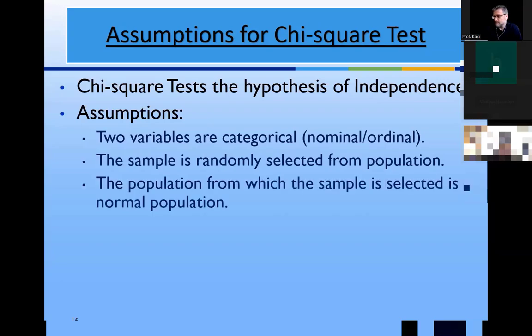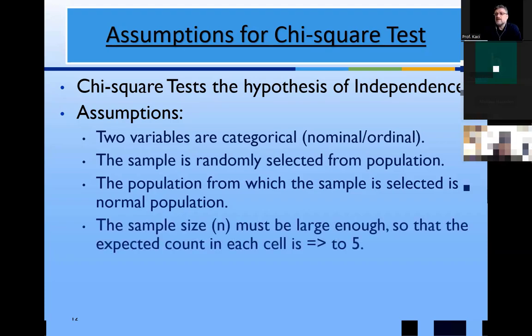We already have established that. We assume that the population from which the sample is selected is normally distributed, and the sample size must be large enough so that the expected count in each cell is greater than 5. So it depends, right? If you have 5 columns and 2 rows, how many cells are you going to have? 10, right?